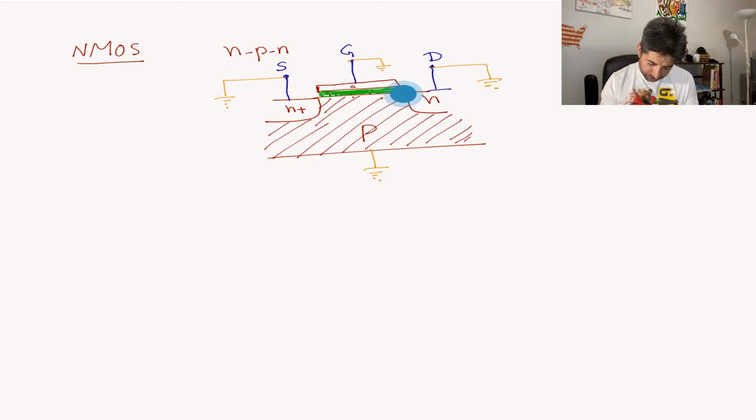Draw a depletion region here. And we intentionally did it. We don't want current flow there.